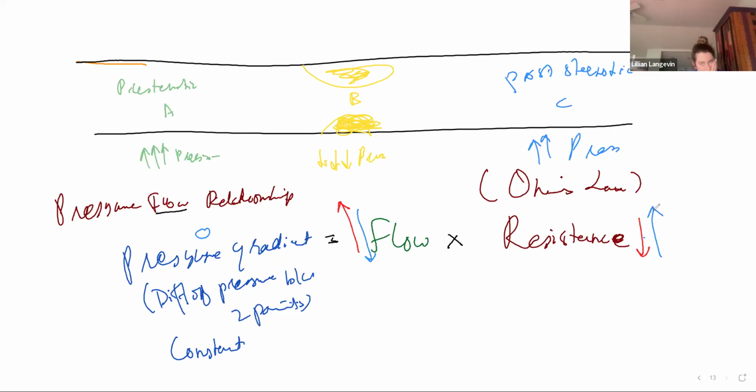Yes. Good. Now, one thing that you can also see is that whether it is the resistance that increases, or the flow that increases, both of these lead to a greater pressure gradient, which means a greater difference between the pressure between two points, A or B, or C, or A or C, whatever.